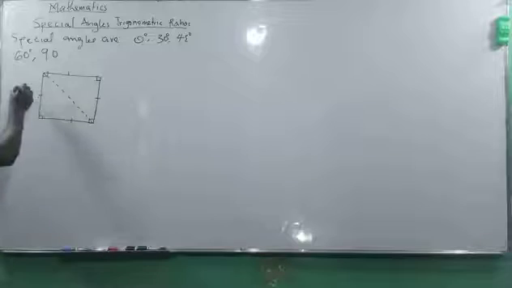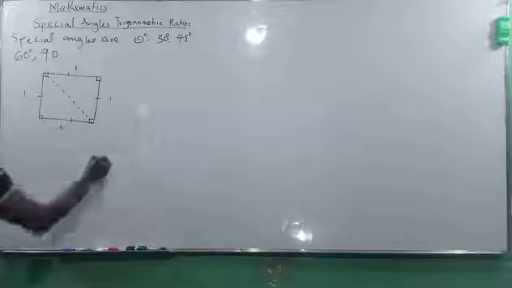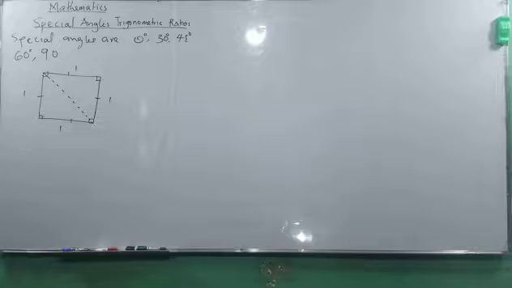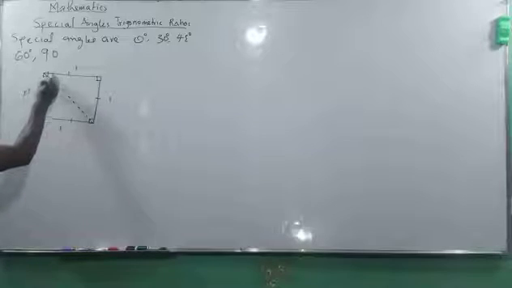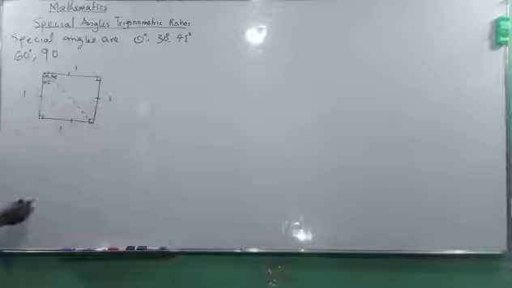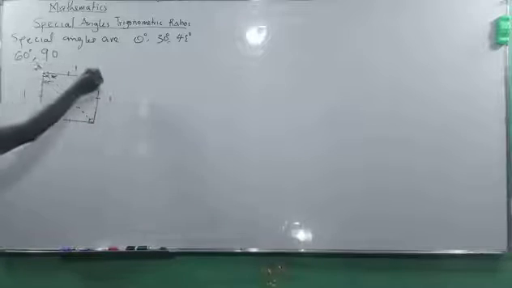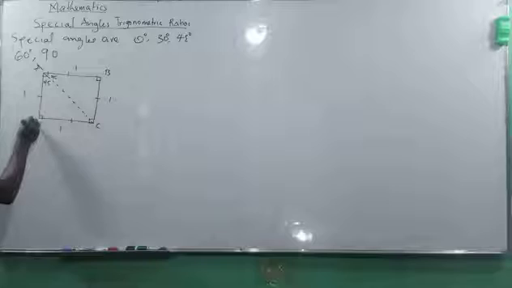Now we have sides of 1, 1, 1, 1, which is the unit distance. With this, I'll have 45 and 45. It means if I have A, B, C, D.